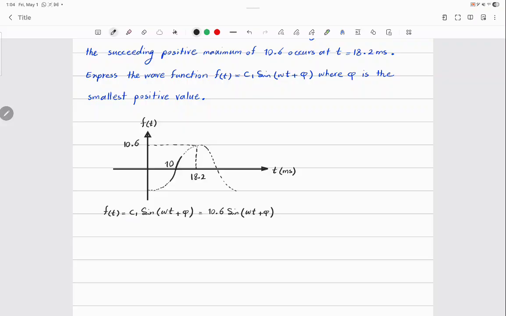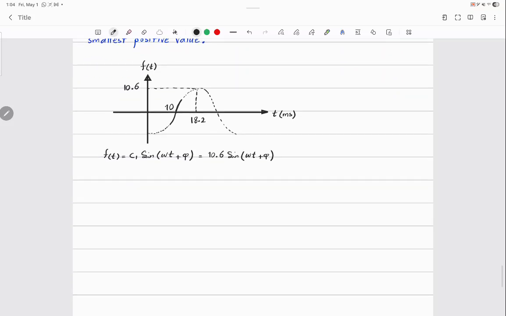It says the maximum is 10.6. Does it mean that 10.6 is the amplitude? Under one condition, it is the amplitude. What is that condition? VDC is 0. Is VDC 0? Yes, because in the form that is asked, there is no VDC value. There is no constant value. So we can be sure that 10.6 is actually the amplitude.